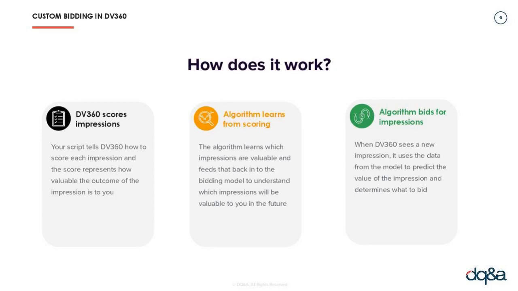So the algorithm learns which impressions are valuable and feeds that data back into the bidding model to understand which impressions will be valuable to you in the future. And then finally, once you have this algorithm set up and there's already some learnings collected there, you can start using this custom algorithm for bidding on impressions. So when DV360 sees a new impression, it uses the data from the model to predict the value of the impression and determines what to bid.